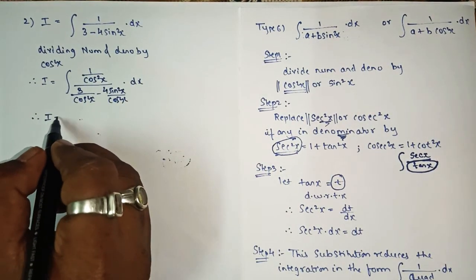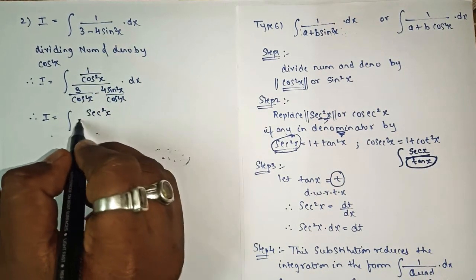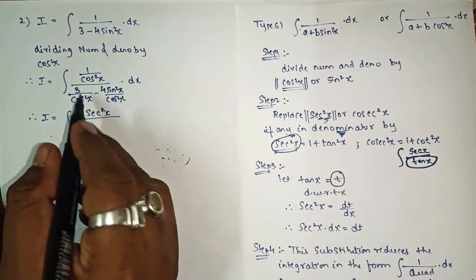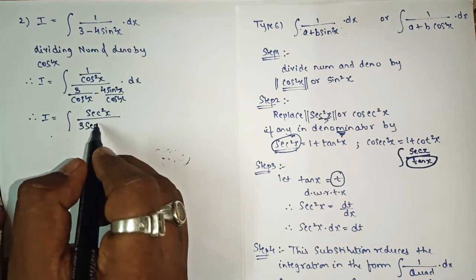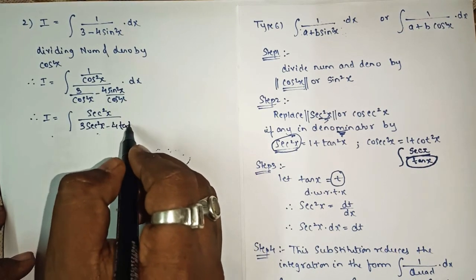So the next part: this 1 upon cos square we can write as sec square x, yes or no? This we can write as 3 upon cos square, that is 3 sec square x. Sine square upon cos square we can write as tan square x, yes or no?